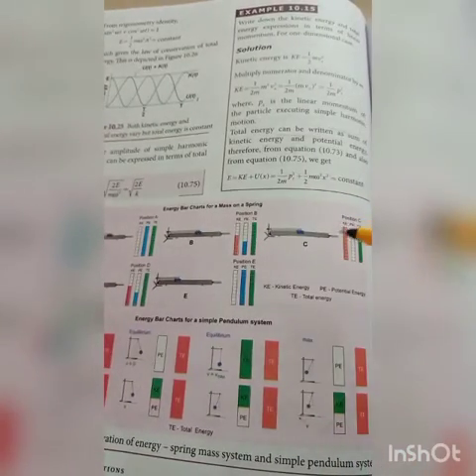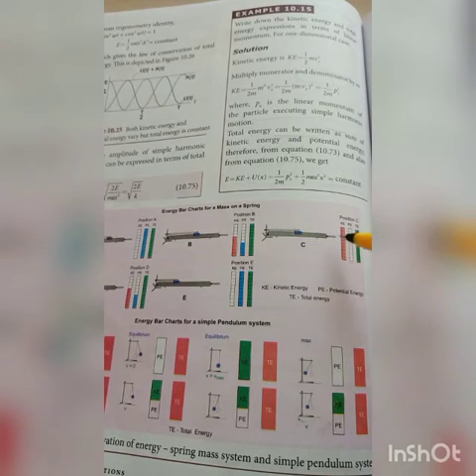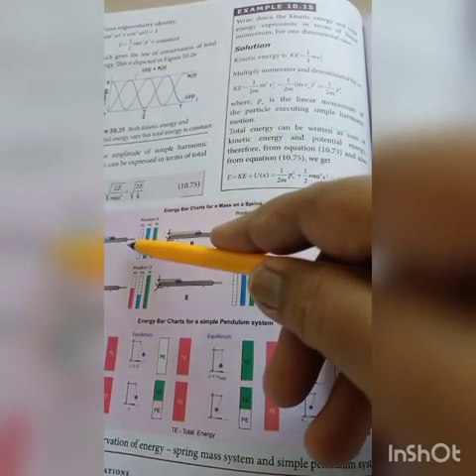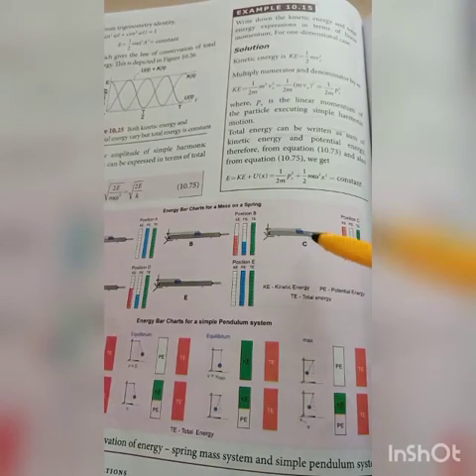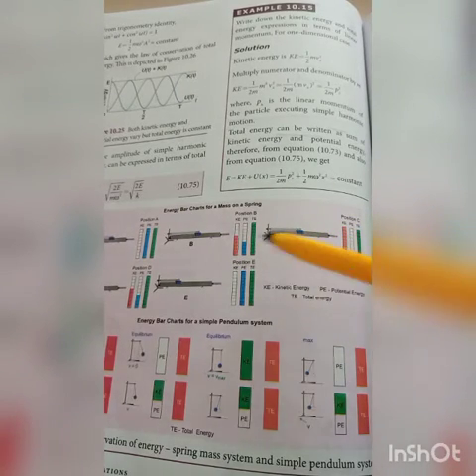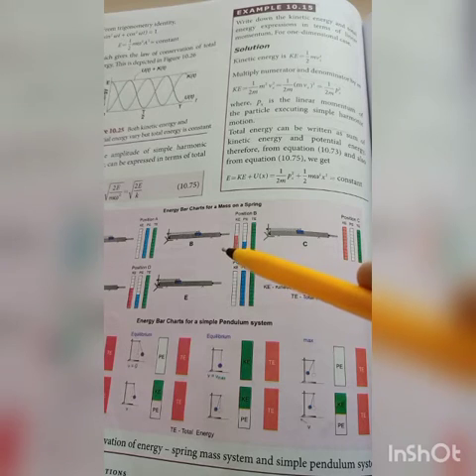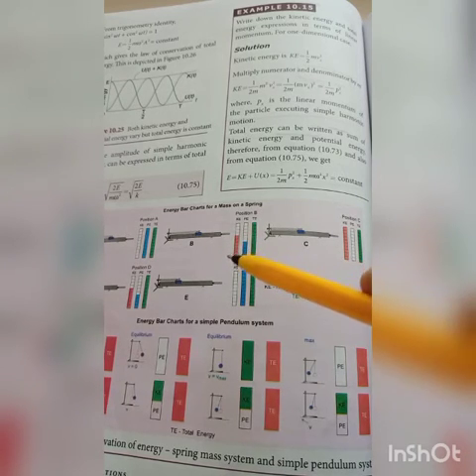At the position C, the energy is wholly kinetic, because this is the mean position. Position A represents the extreme position and position C represents the mean position. Position B represents any position in between the extreme position and the mean position.